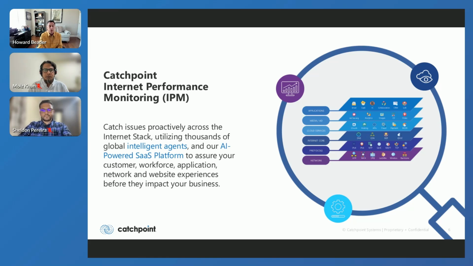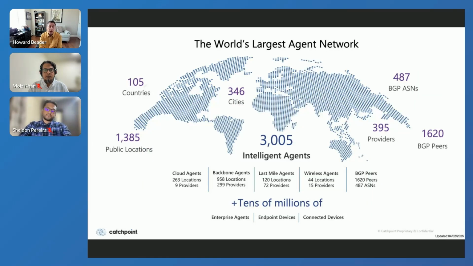We're able to monitor all of those different applications, whether it's your customer experience, your workforce, your applications and APIs, your internal and external networks, leveraging the world's largest agent network. You can think of these almost like secret shoppers that we have in all the different layers of the internet throughout the globe. We now have over 3,000 agents out there.